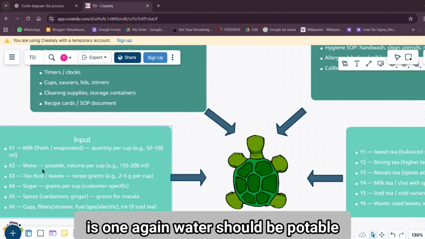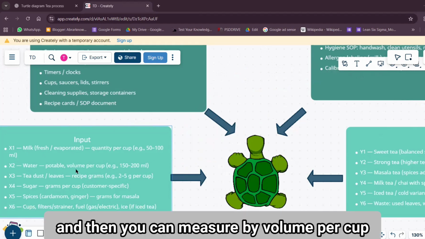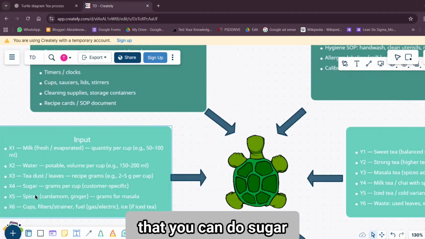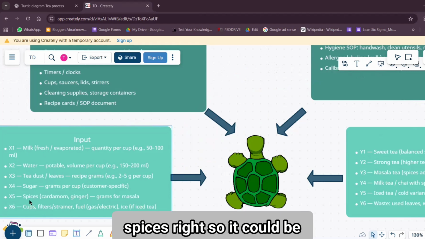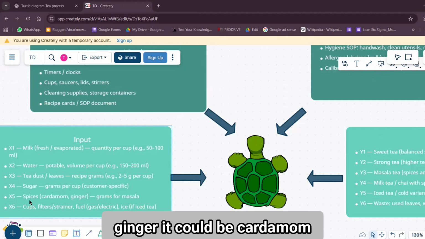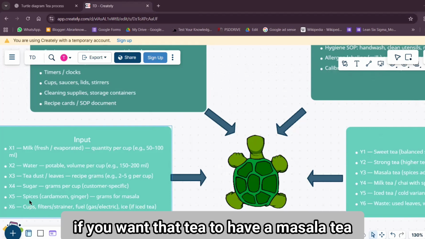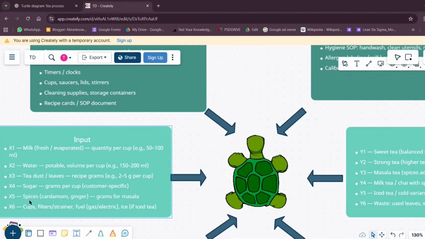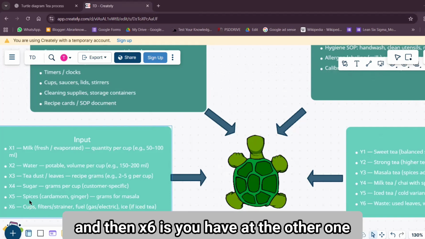Water is one. Again, water should be potable, and you can measure by volume per cup. Then tea dust, leaves, and recipe grams, then sugar, and then the spices, right? It could be ginger, it could be cardamom, if you want the tea to be masala tea, and this X5 will come into play. And then X6 is the other one.